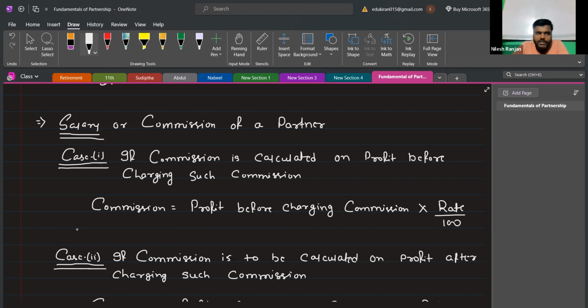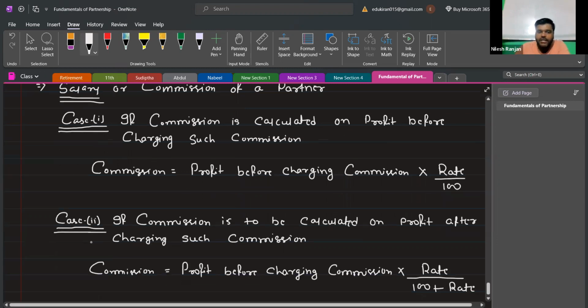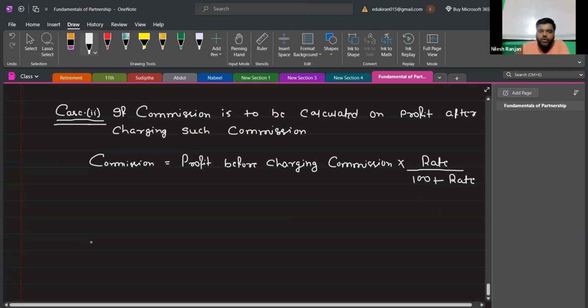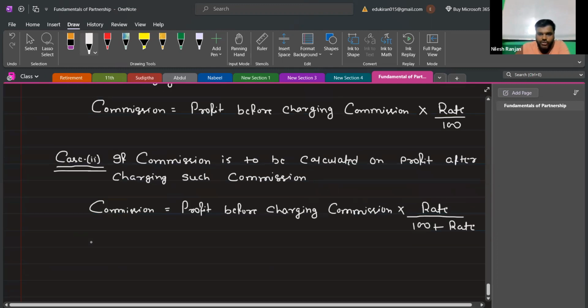And if there is only a single payment of commission to any one partner, then we will calculate that. But the question can be given in two types. The first one is if commission is calculated on profit before charging such commission, and the second is if commission is to be calculated on profit after charging such commission.